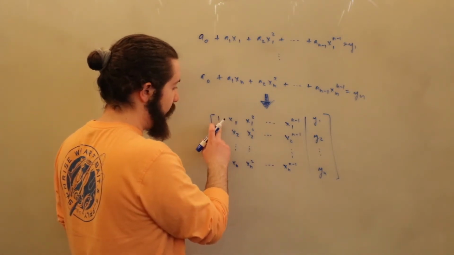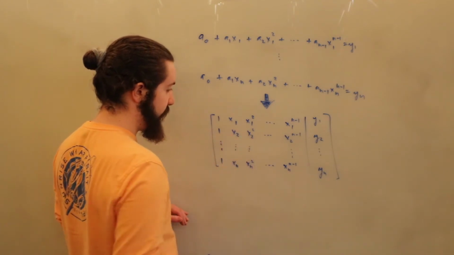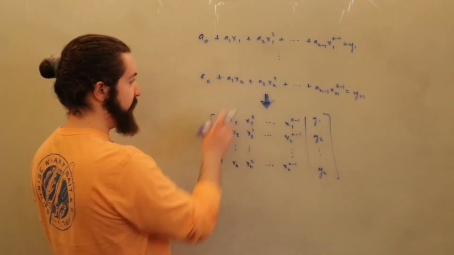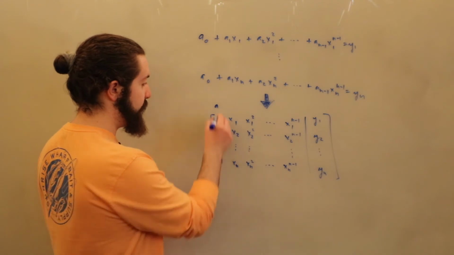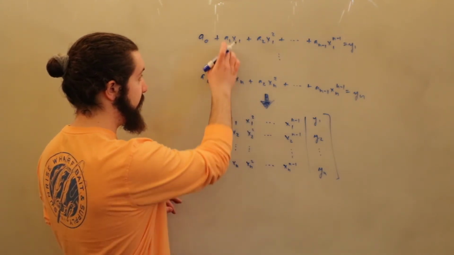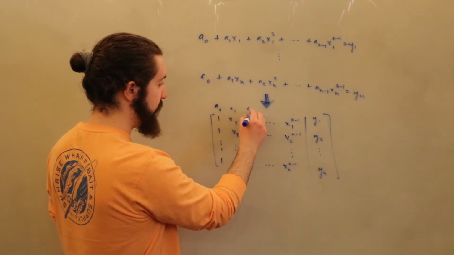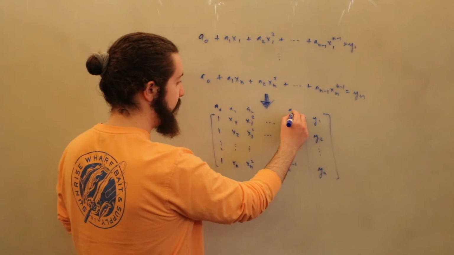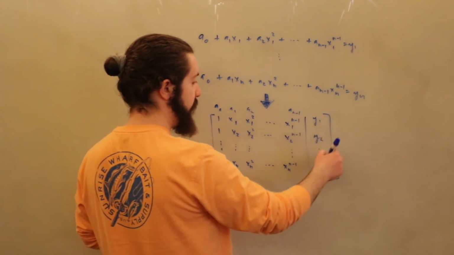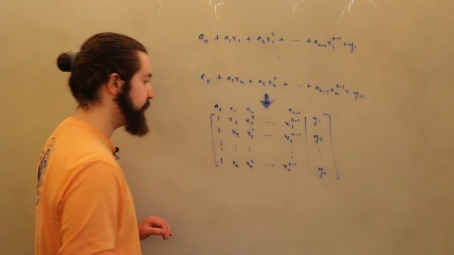1, x1, x1 squared, etc. x2, x2 squared. It's straight from this, right, where each column corresponds to a coefficient of a0, a1, a2, all the way up to a sub n minus 1, and then of course in this partition is our constant terms.